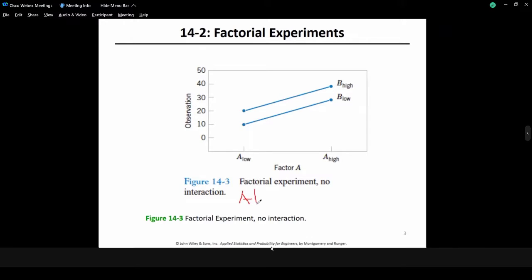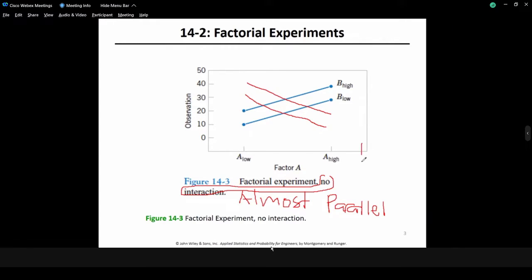In graphical analysis, with factor A at two levels, if the graph is almost parallel, that means no interaction.